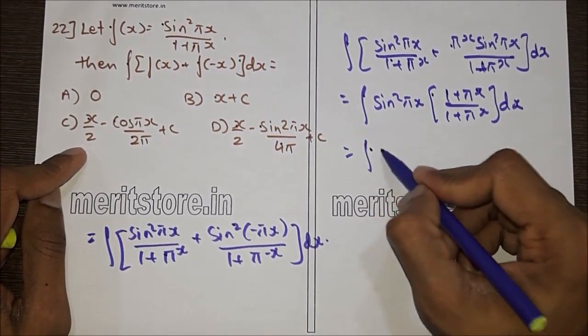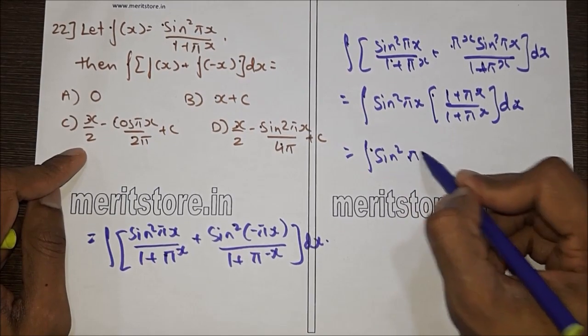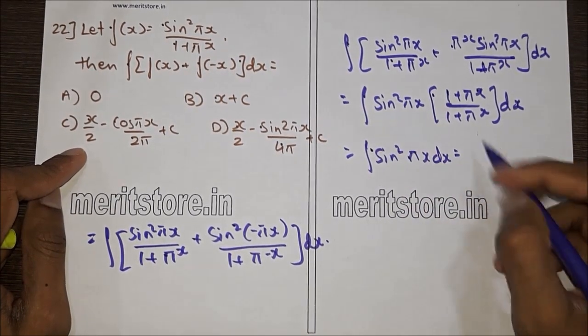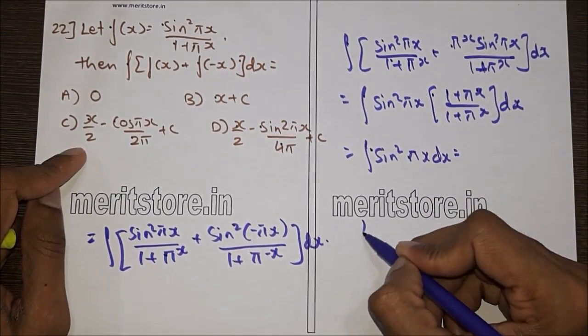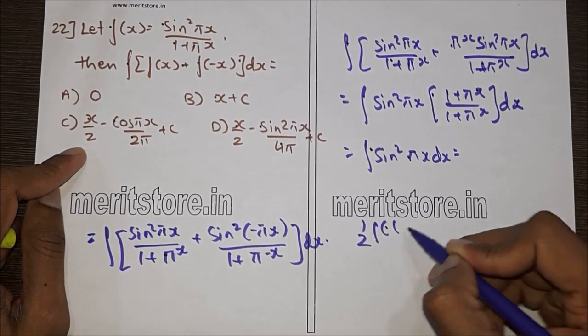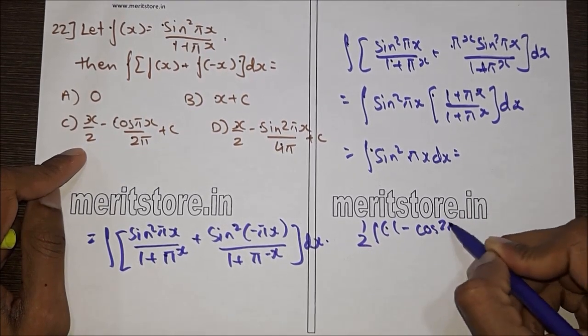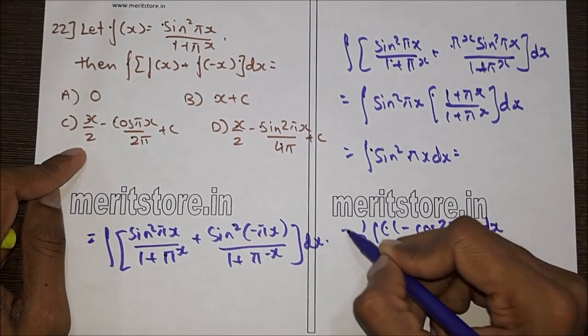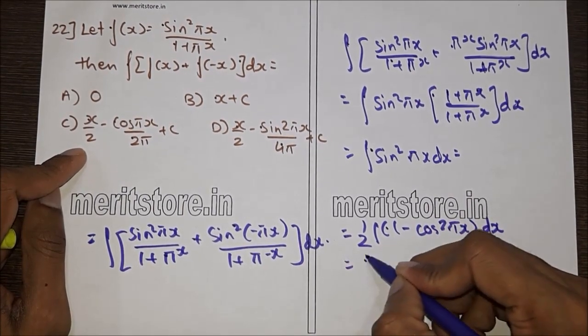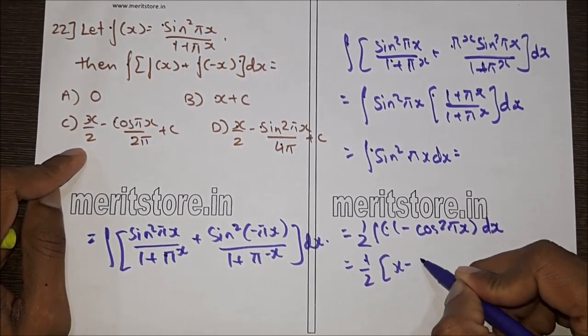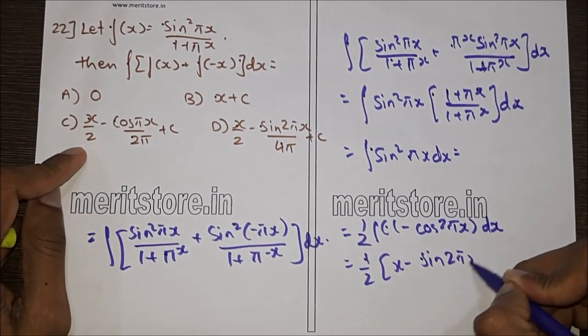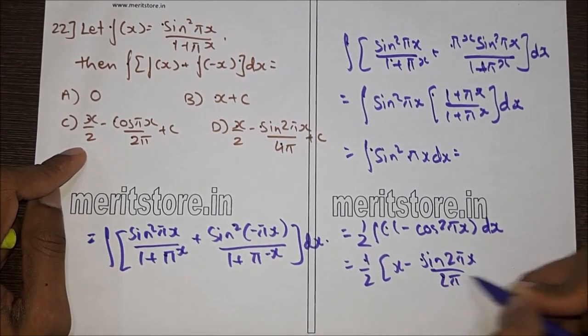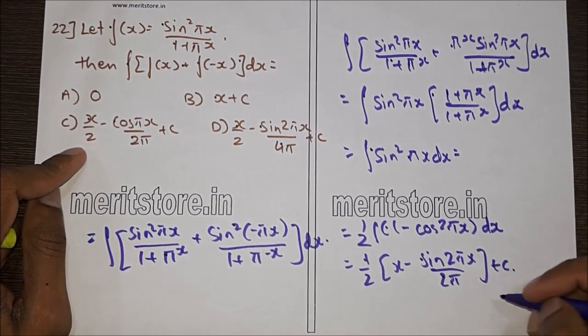We can write this integral sine square pi x dx as half of integral 1 minus cos 2 pi x dx. Therefore, we can write this as half of x minus sine 2 pi x upon 2 pi plus c.